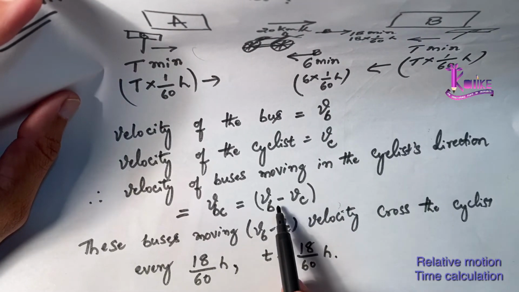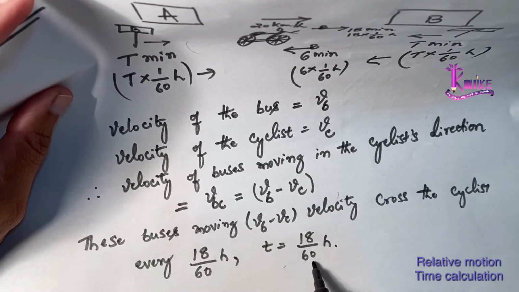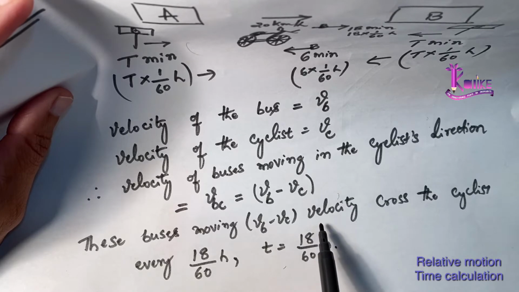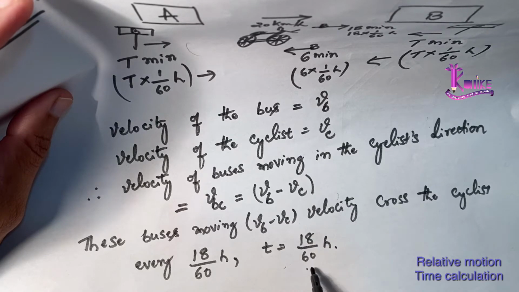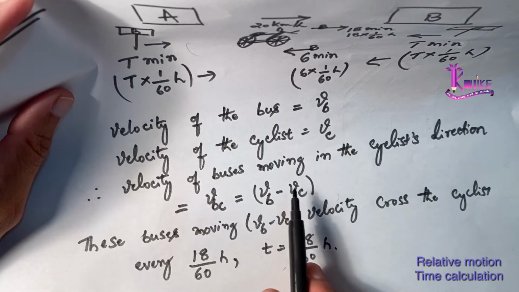So we know the velocity of the buses moving in his direction. We also know the time that each bus moving in his direction crosses him, given by 18/60. So since you know the velocity and the time, you can easily calculate the distance covered by these buses.